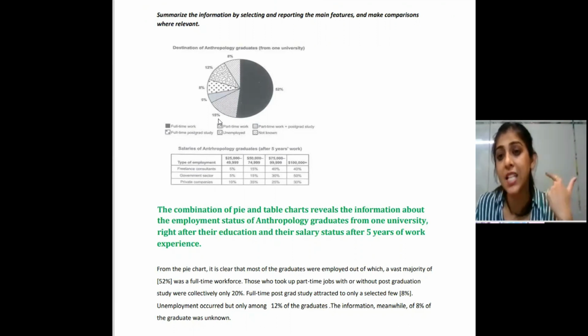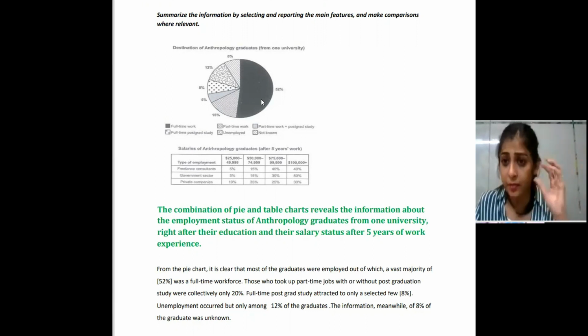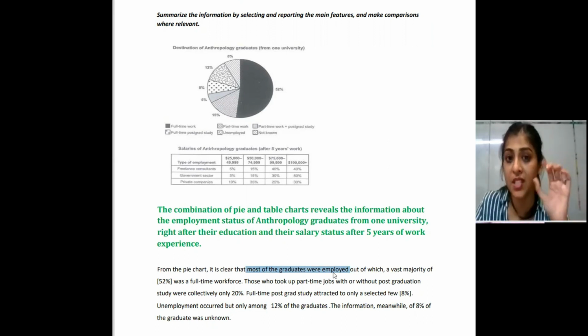How many now? 67%, I think. Now 67% are employed. Some of them are full-time employed and others are part-time employed, which means the majority are employed. From the pie chart, it is clear that most of the graduates were employed. That's the overview for this pie chart.